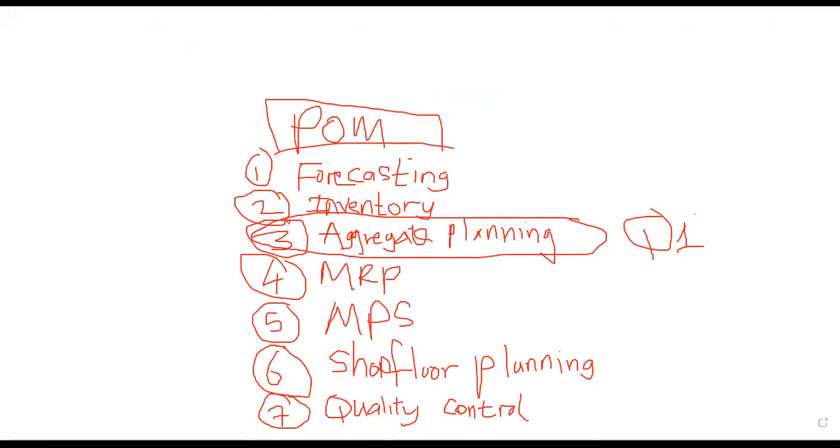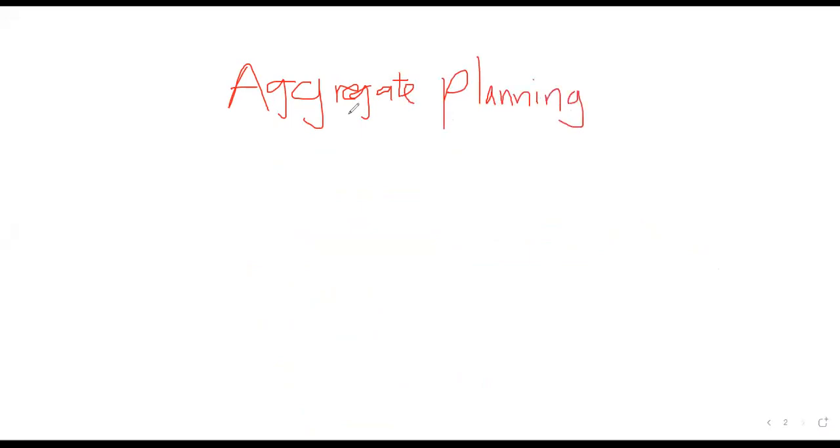Before getting down to the assignment paper, we need to know what is involved in aggregate planning. Aggregate planning involves a lot. In a nutshell, it involves workers required.